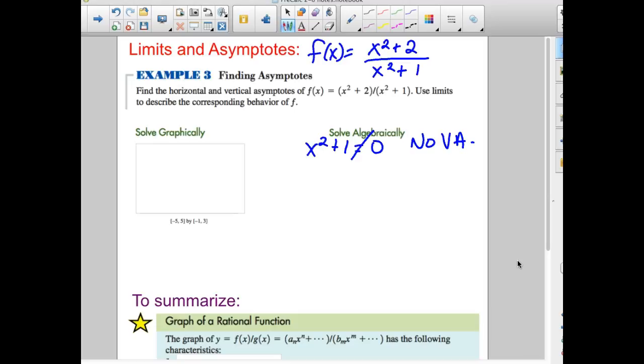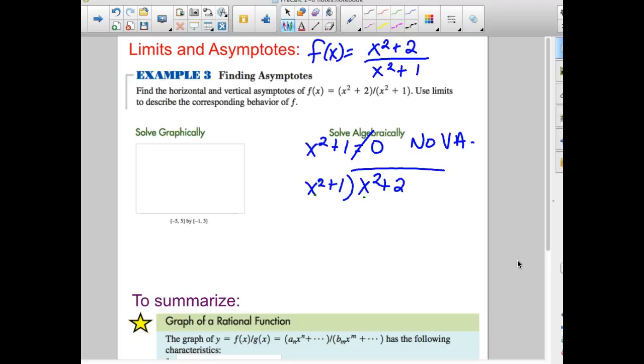Now, for horizontal asymptotes, we're going to try to change this into that transformation format so we can see if we've moved up or down at all. We're going to take x squared plus 2 and divide it by x squared plus 1. What happens?